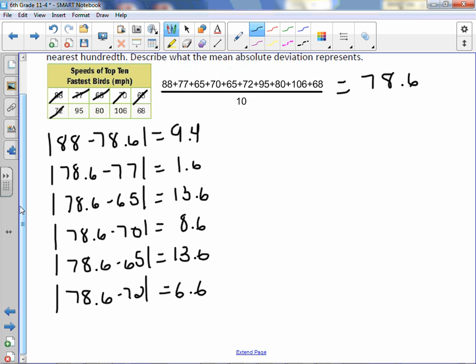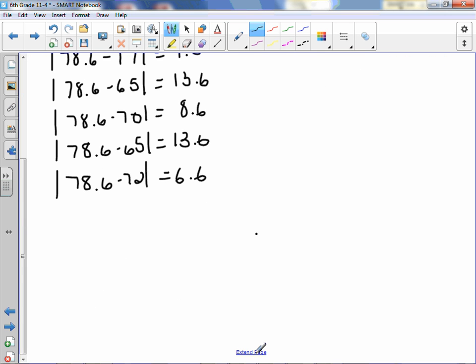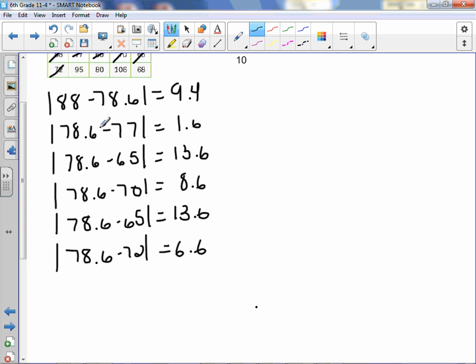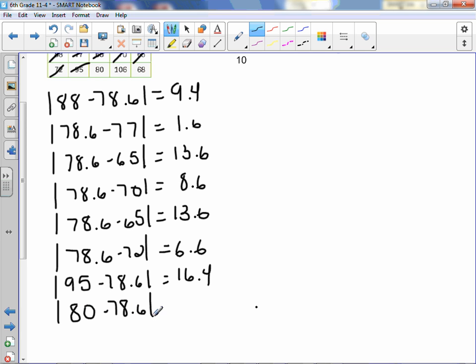Our next value is 95, which is larger, so 95 minus our mean of 78.6, and take the absolute value, we get 16.4. 80 is also larger, 80 minus 78.6, take the absolute value, and we get 1.4. 106 is larger, 106 minus 78.6, absolute value.